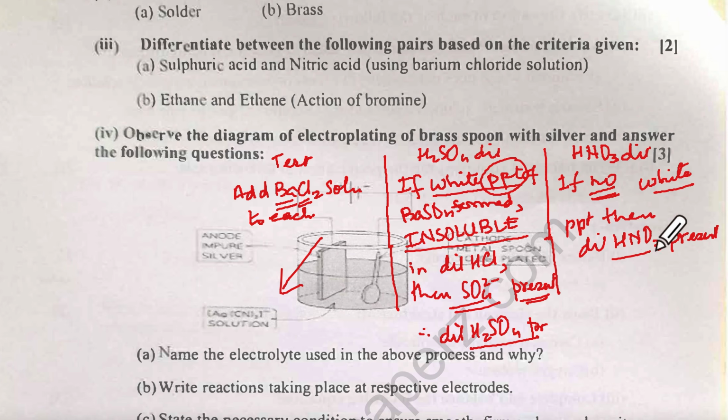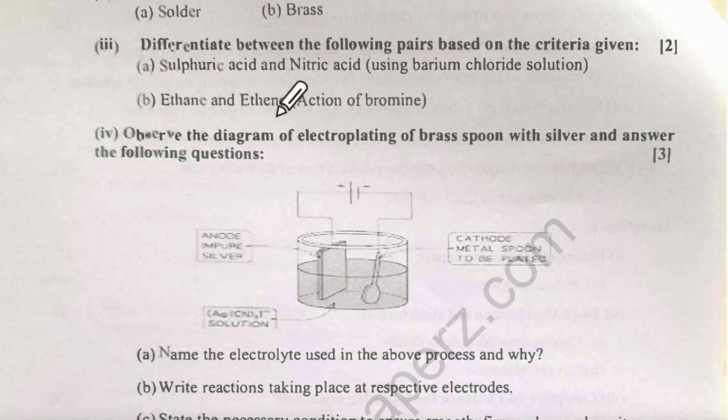Will I write over here therefore nitrate present? No, because this is not the test for nitrate radical. Which is the test for nitrate radical? Brown ring test. Correct.